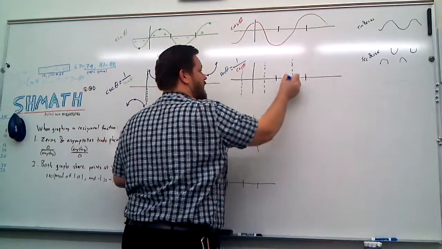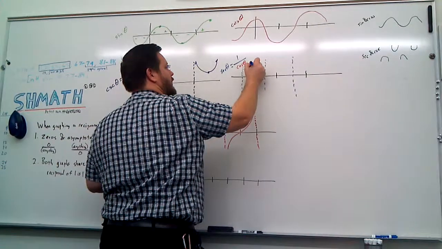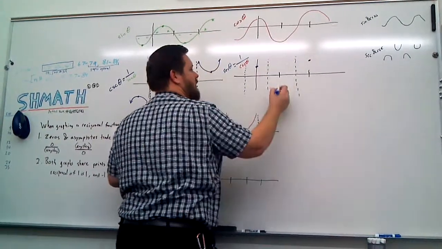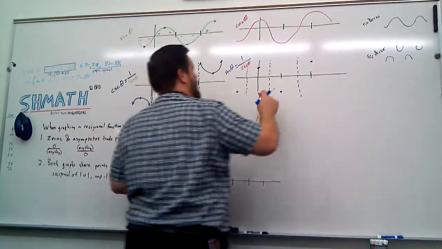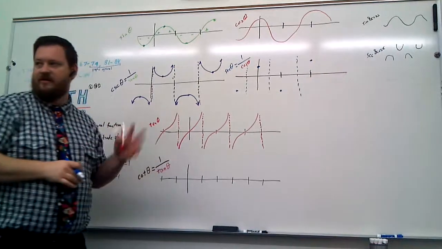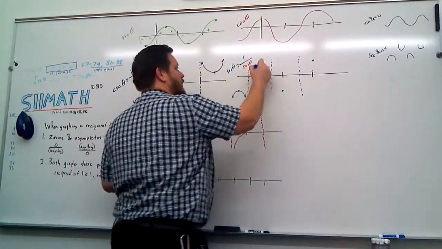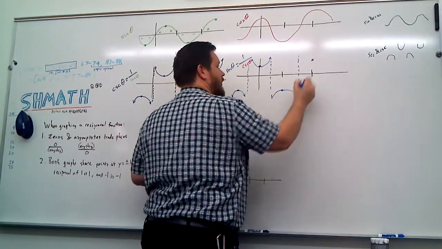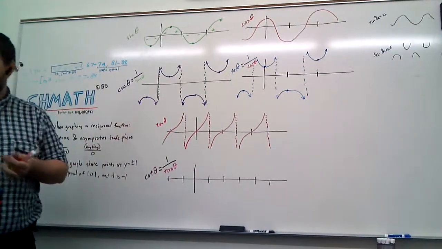And the points where the value is 1 or -1 carry over. And we know that the shape is going to be exactly the same, just shifted over. So we go like this, like this, like this, and like this. And there's the graph of secant.